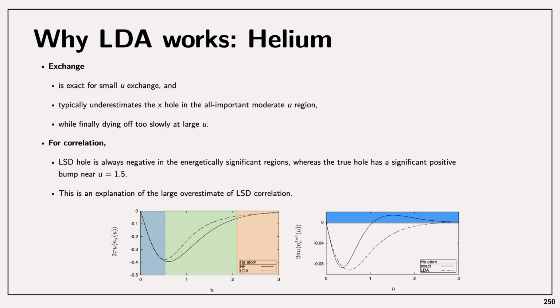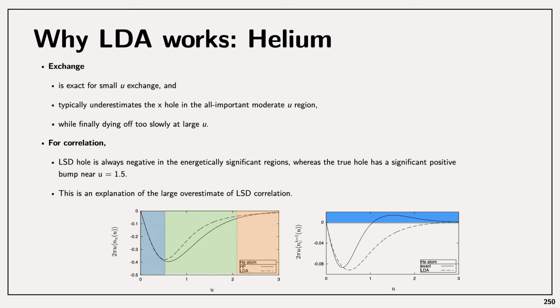We know the exchange in Hartree-Fock is exact, and we see here that LDA is not too bad, but it's a little bit underestimated. So it's really the exchange hole that is a little underestimated.